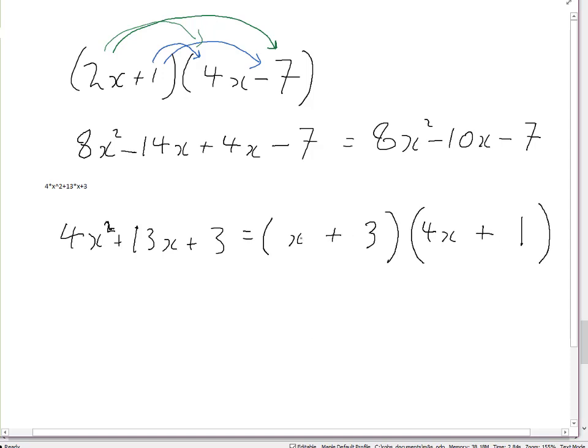So check this. This gives you 4x squared, okay. That times that gives you 4x squared. This times this gives you 3, that's fine.